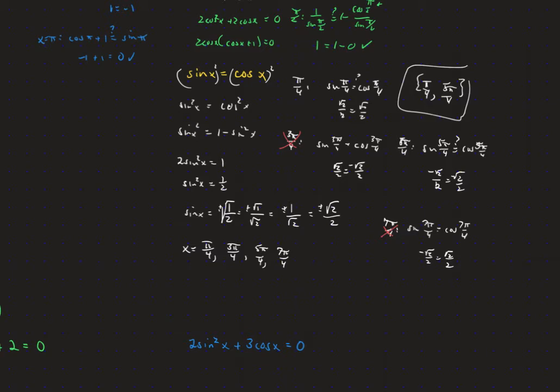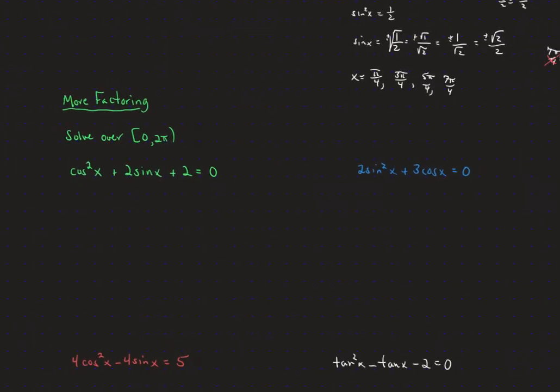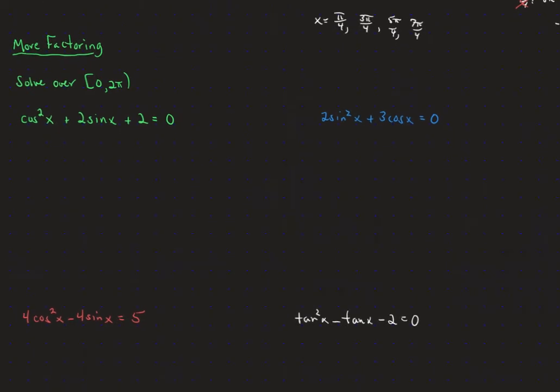All right. Let's come back to do some factoring. So here we are solving again from 0 to 2 pi. Now here we have two different trig functions, but unlike the problem we just did, one of them is already squared. That means it's easy for us to trade in that cosine squared for something involving sines, namely 1 minus sine squared.